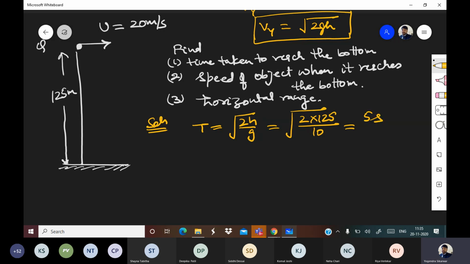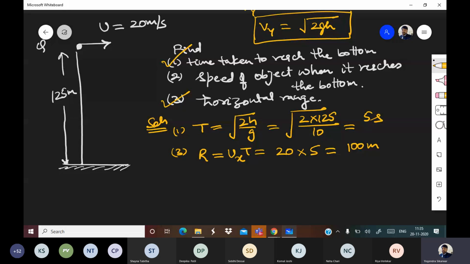Now horizontal range, I'm talking about the third part first. Horizontal range will be nothing but ux into t. Ux is 20 and t is 5. 20 into 5 becomes 100 meters. Correct?